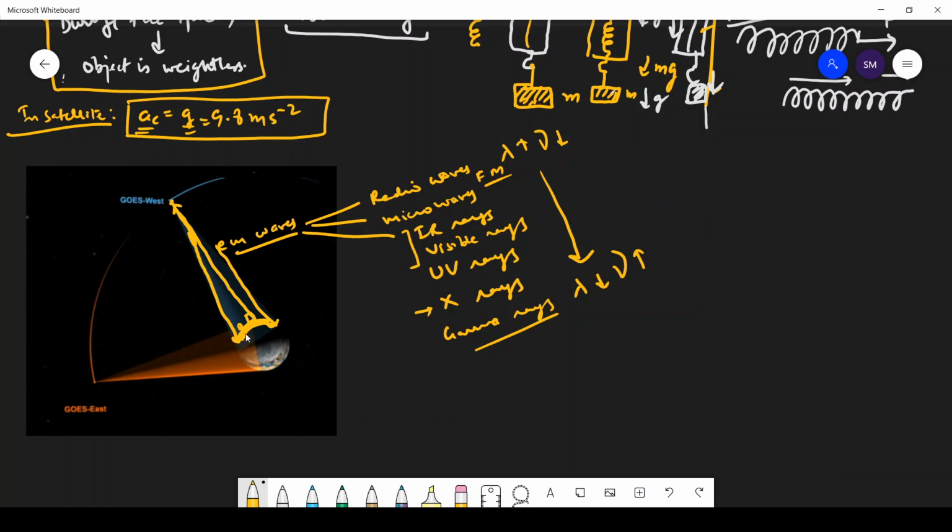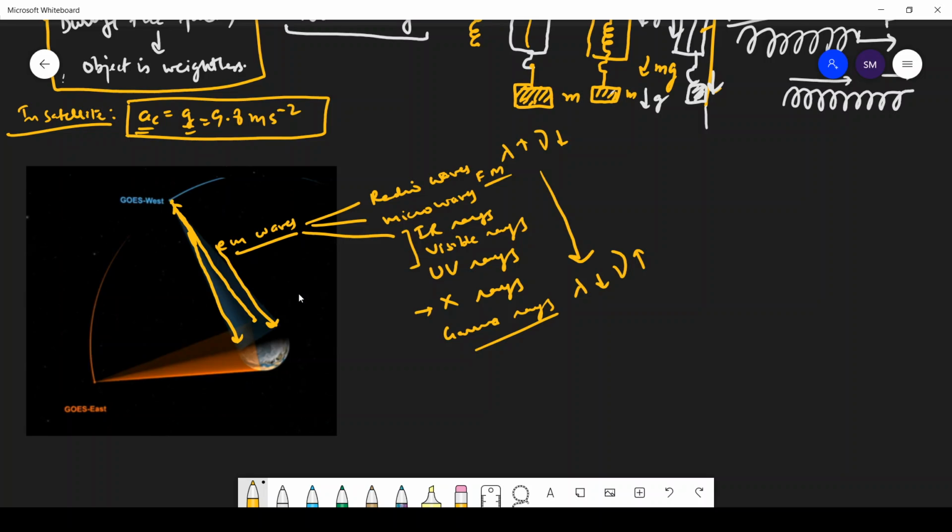And suppose some person is over here, then from tower to tower the signal is transmitted, and then it will again be sent back. So I hope you have understood how it functions, right? Yes.